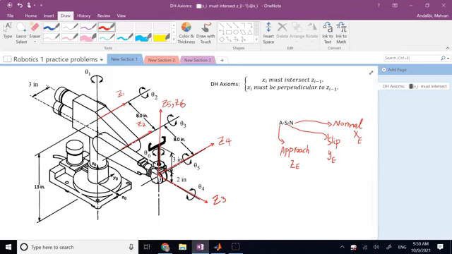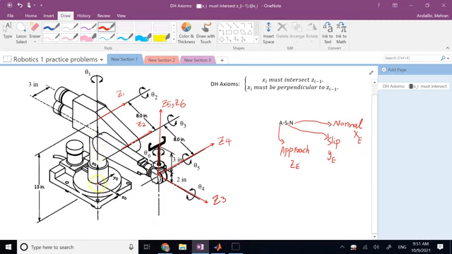Now it is time to set up the origins and the x-axes. Now, for X of the base, there is no mandatory thing to observe, because the two important DH axioms are each X should be intersecting the previous Z and should be perpendicular to previous Z. And since there is no previous Z, right, there is no Z minus 1 for X0, therefore, X0 can be selected arbitrarily, as well as origin 0 can be any point on Z0.